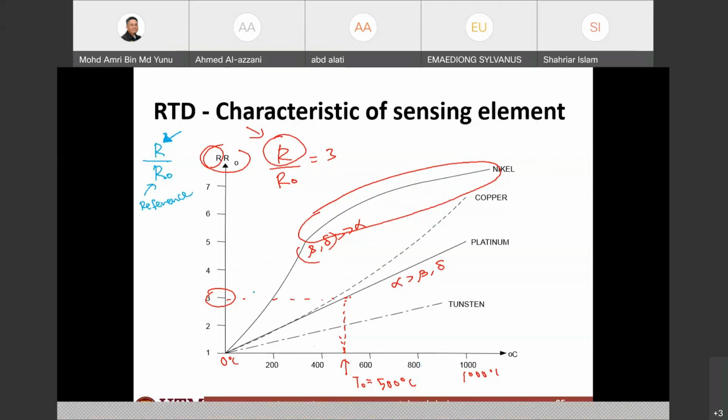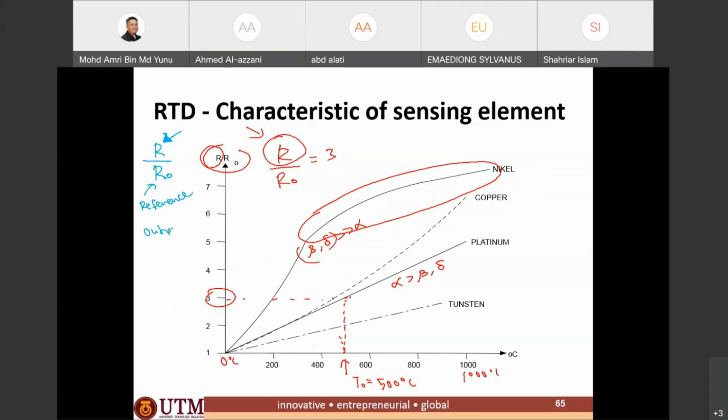This is the output, and the input is temperature.